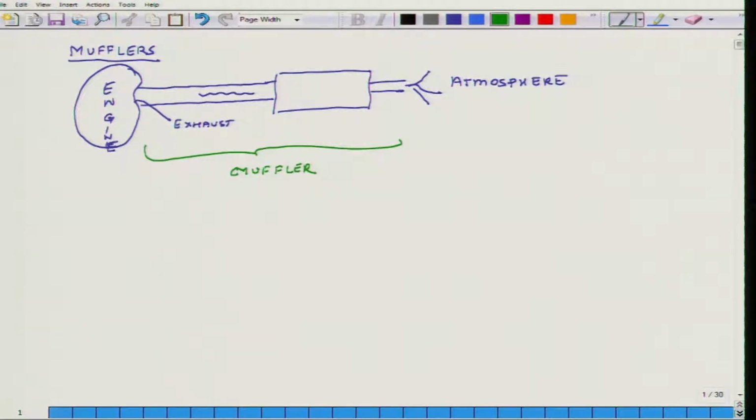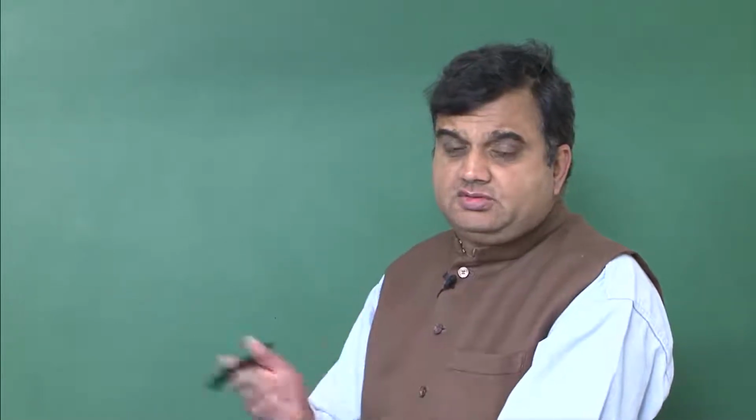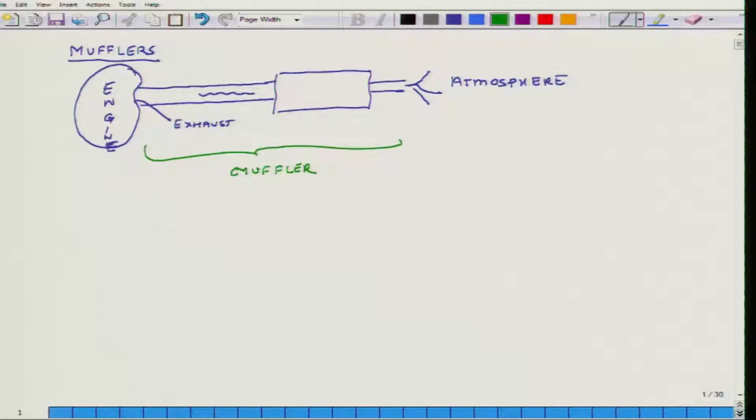So, why is it called a muffler? Because it muffles. The sound which is coming out of the engine is extremely loud, because the pressures in the engine are extremely high. If those pressures get released into the environment, then that can generate very significant levels of sound. So, what a muffler does is it reduces the amplitude of these pressure fluctuations, such that the sound which you finally hear is not extremely loud.